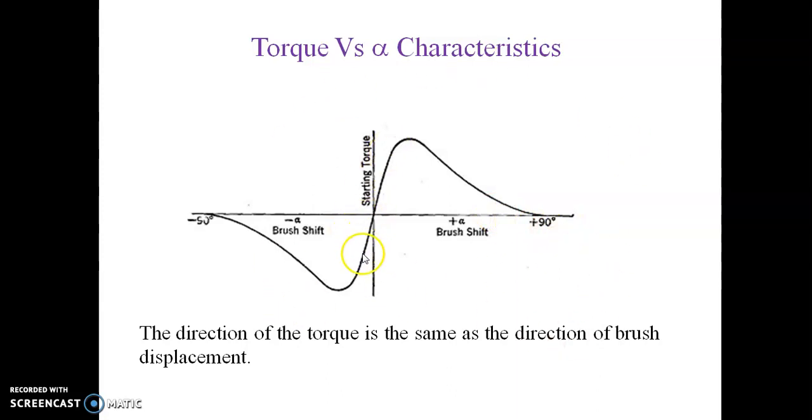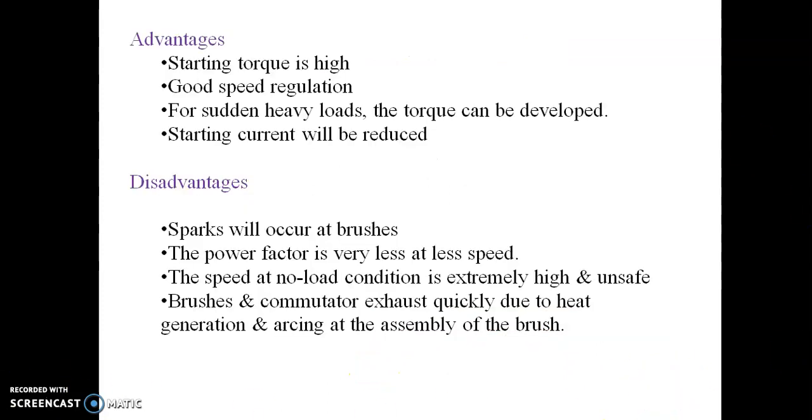Whereas when the brush shift angle is in the negative direction, the torque increases in the negative direction and finally reaches zero value when it goes to infinity. So the operation takes place only between minus 90 to plus 90 degrees. So the total 180 degree mode of operation of brush shift determines the starting torque value. The direction of the torque is the same as the direction of the brush displacement.